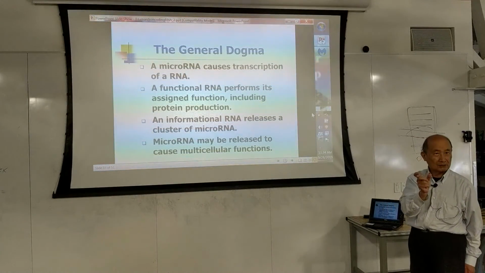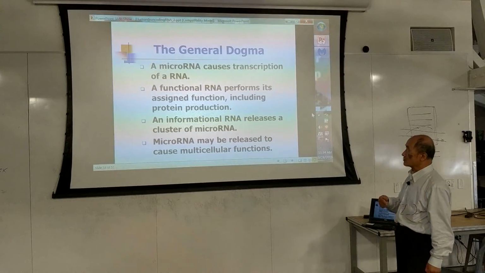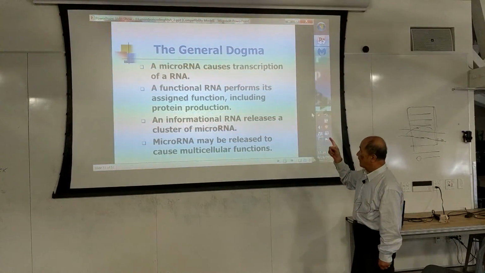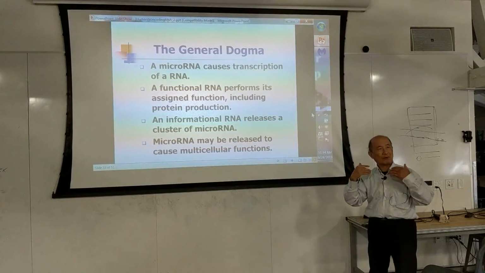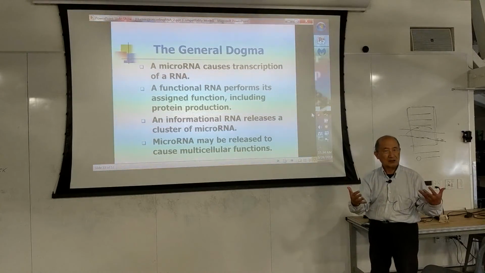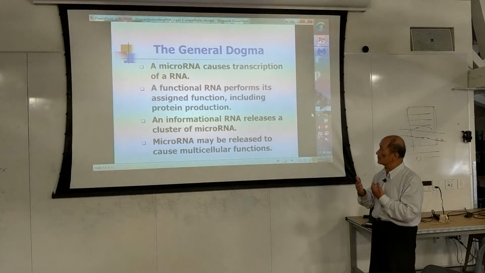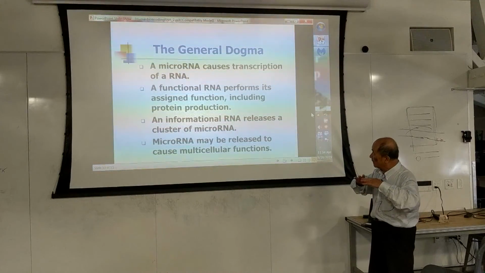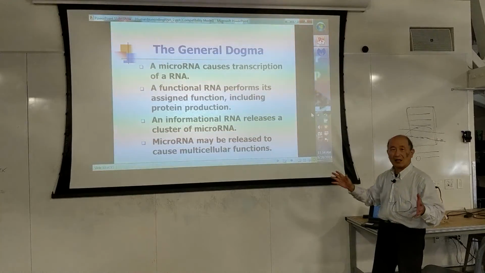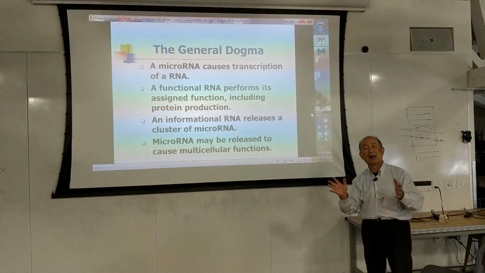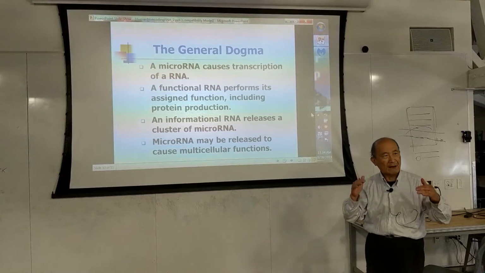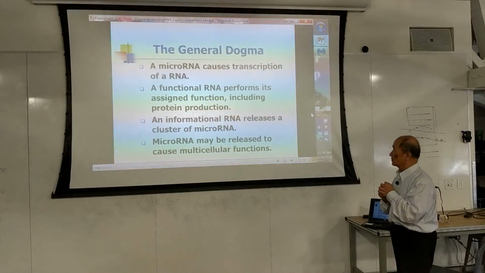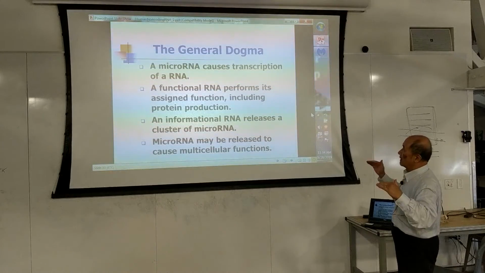There are two kinds of RNA. Functional RNA, which performs an assigned function. Some of them make proteins, but we already know lots of RNA which are not associated with protein production, but they have real function in cells. And there are lots of functional RNA and informational RNA.